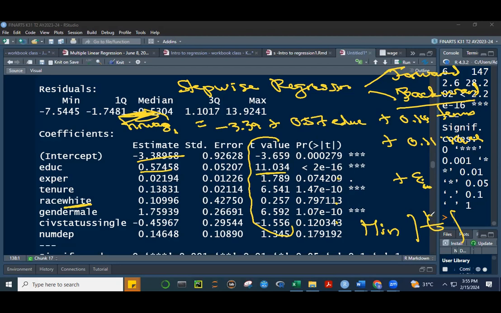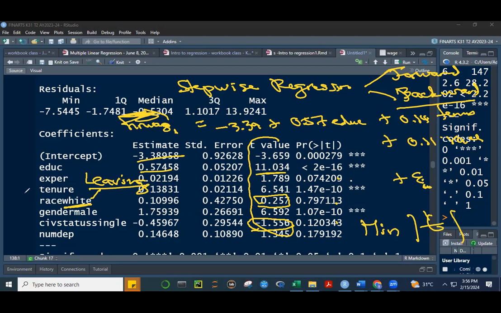Take note, class: absolute value. Not civil status, although algebraically it is the lowest because it is negative. The lowest in absolute terms is this one, 0.257, which will be what we call the leaving variable. Goodbye, leaving. One at a time, class.